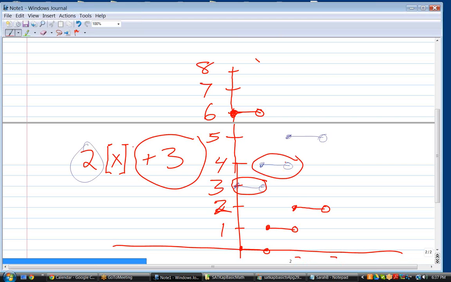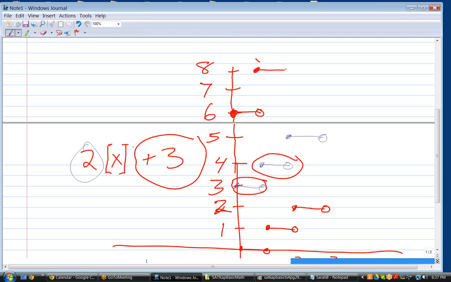This part is going to go up from 8 over, and so forth. Now, let's check that that's the right graph.